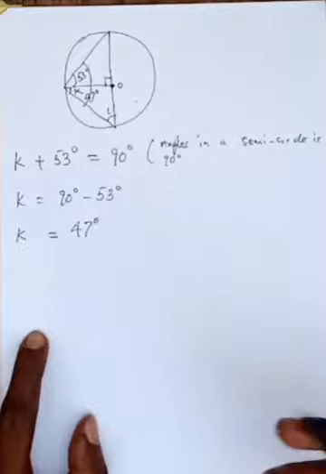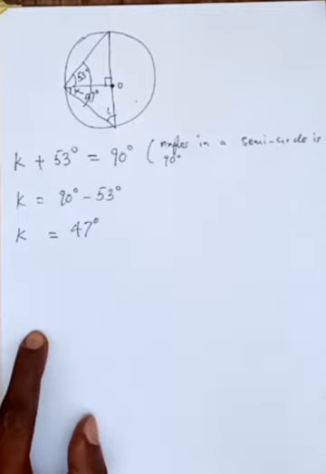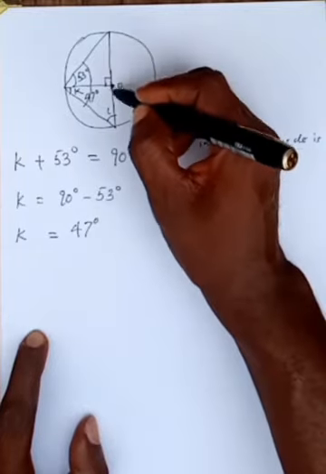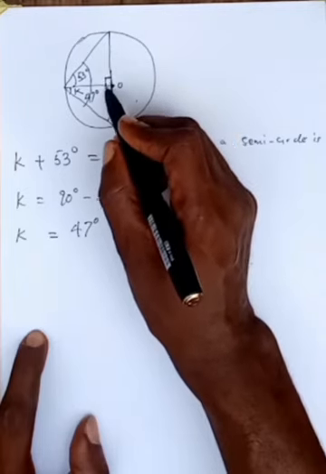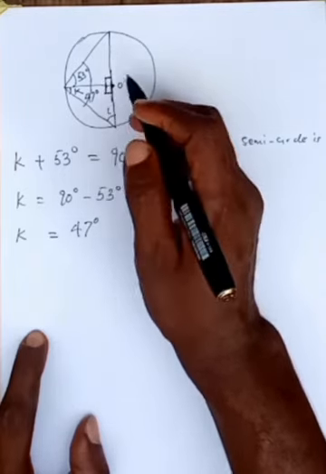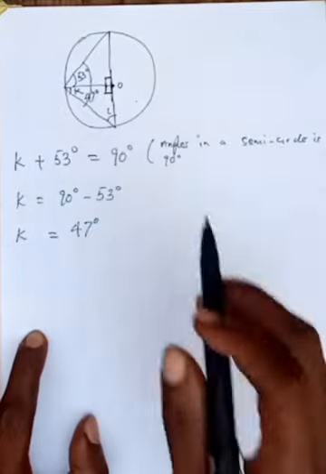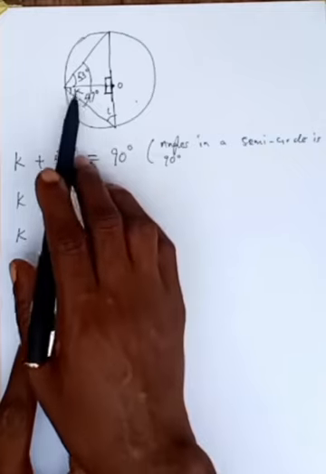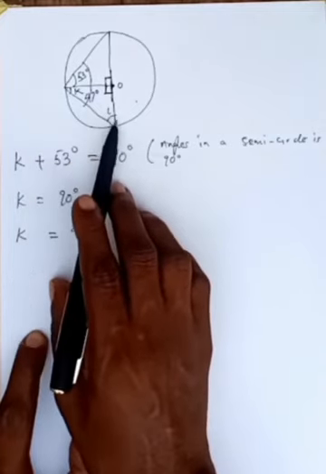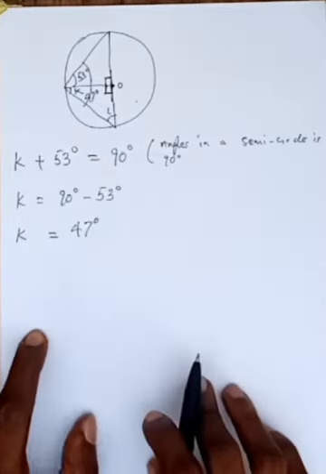We can see the concept of angle in the same segment might not be of use here. So what we can make use of now is properties that talk about triangles. We can see this is a straight line. So if this place is 90 degrees, we automatically know from the property of angles on a line that this place is going to be 90 degrees. So we are now going to treat this triangle. It shows that the addition of the angle here, the angle here, as well as the angle here is equal to 180 degrees.